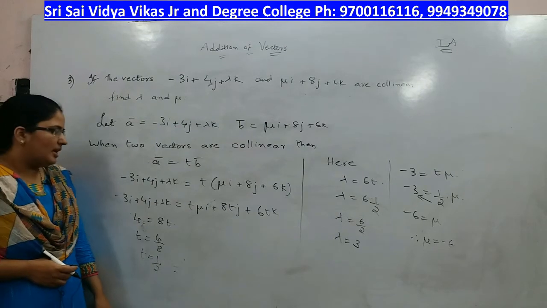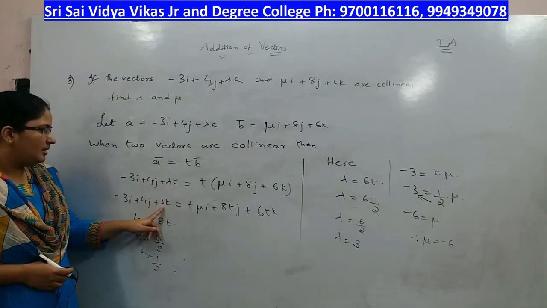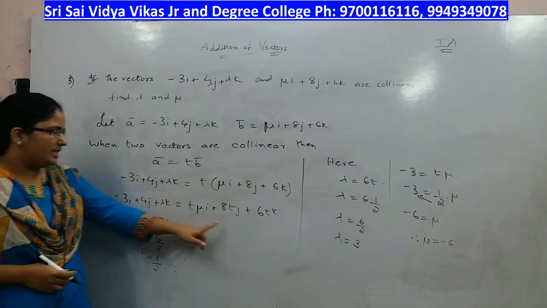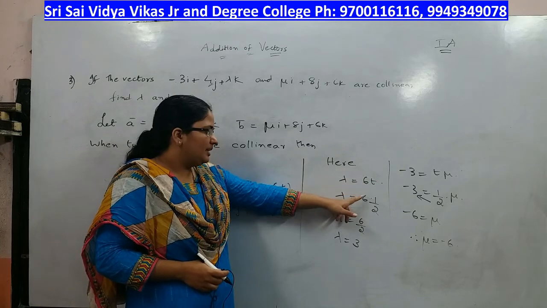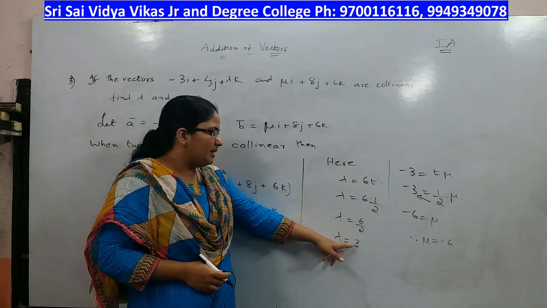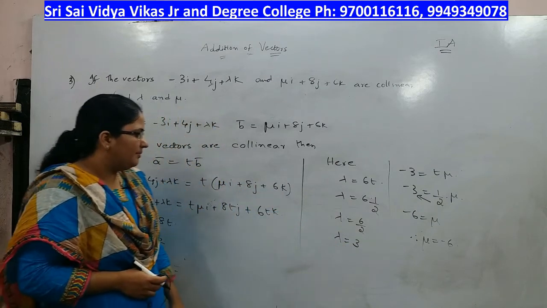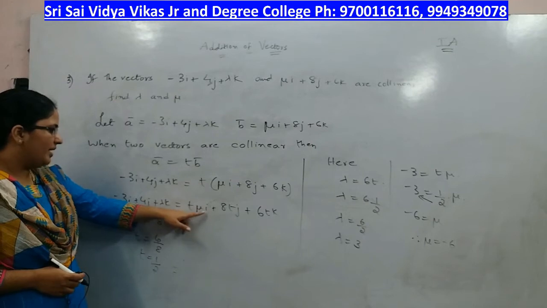Next we shall find the value of lambda. Lambda is equal to 6T, so lambda is equal to 6 into 1 by 2, that is 6 by 2, lambda is equal to 3. Next, compare the coefficients of i.